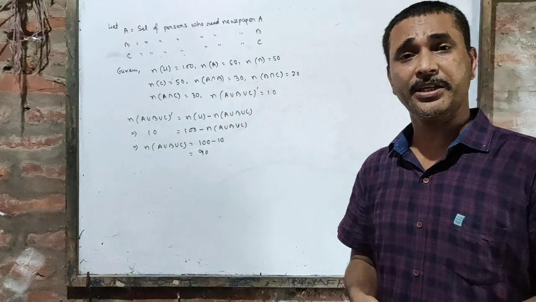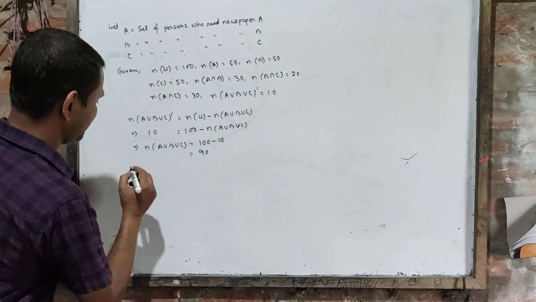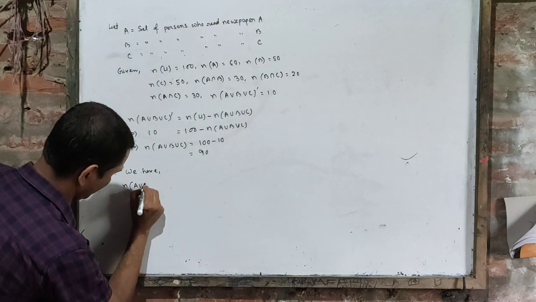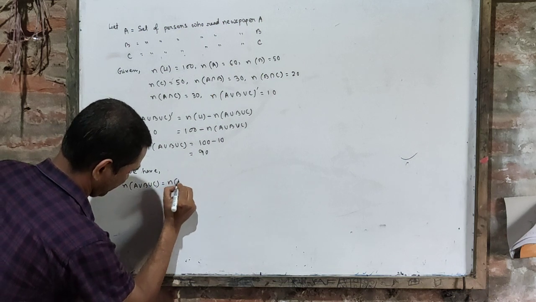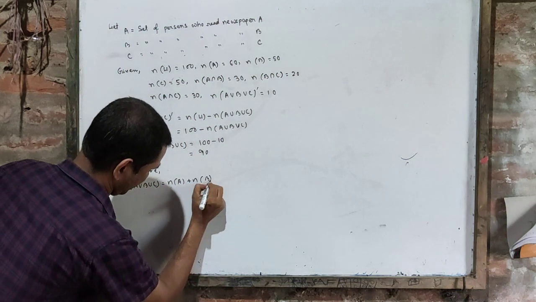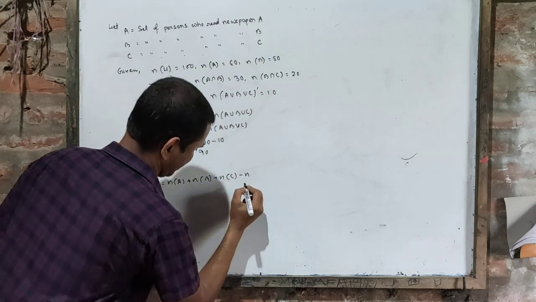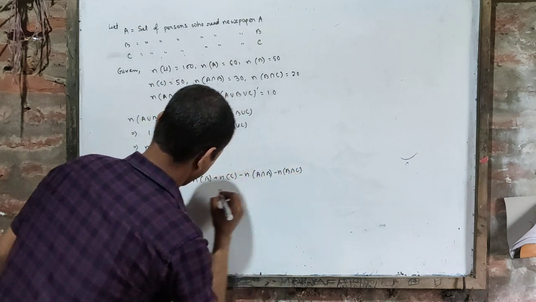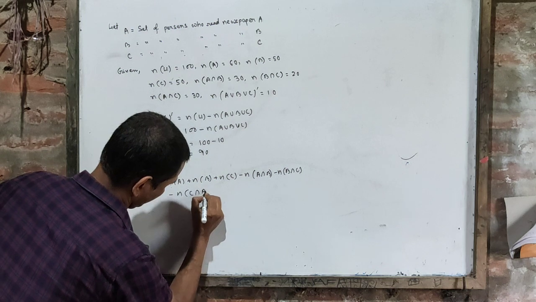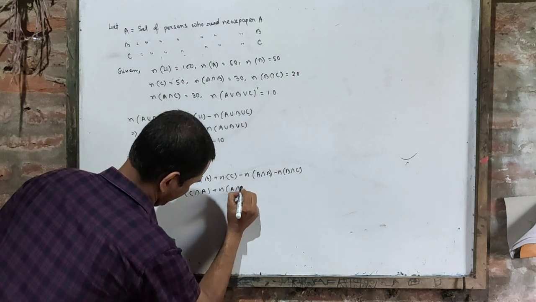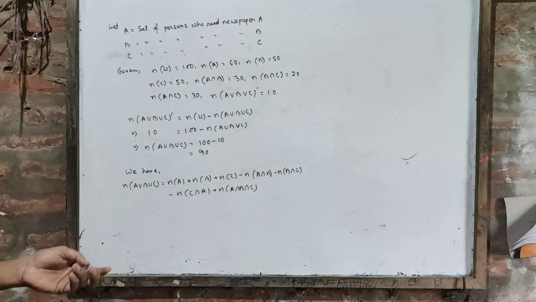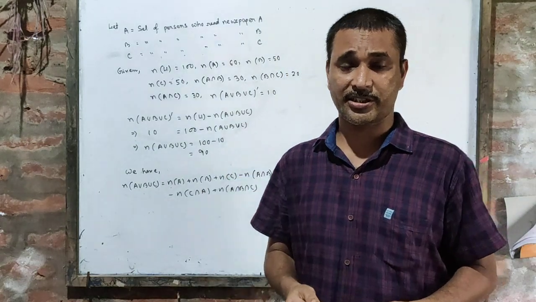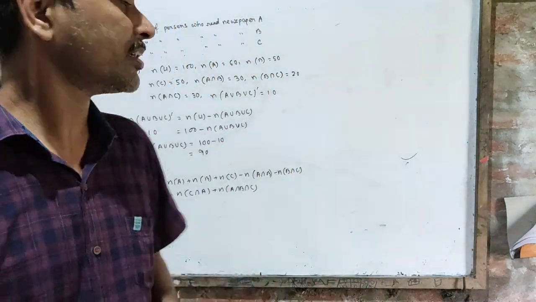That means A intersection B intersection C. So this is the formula: n of A union B union C is equal to n of A plus n of B plus n of C minus n of A intersection B minus n of B intersection C minus n of C intersection A plus n of A intersection B intersection C.